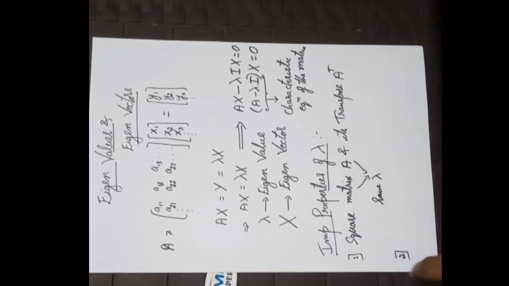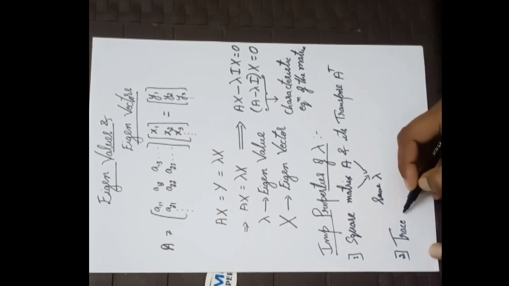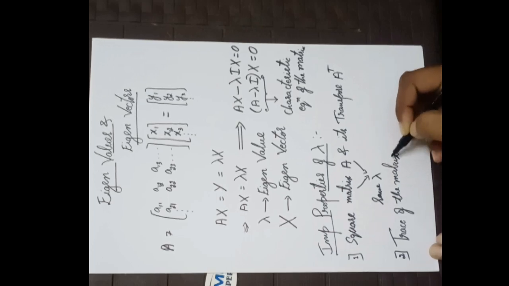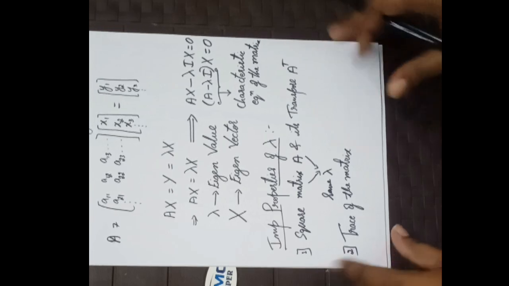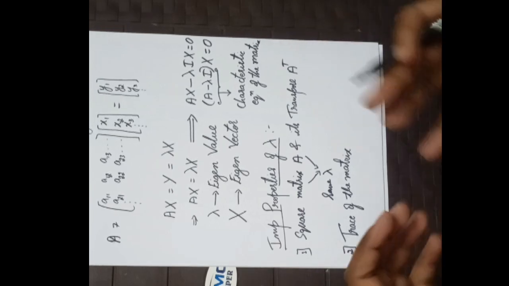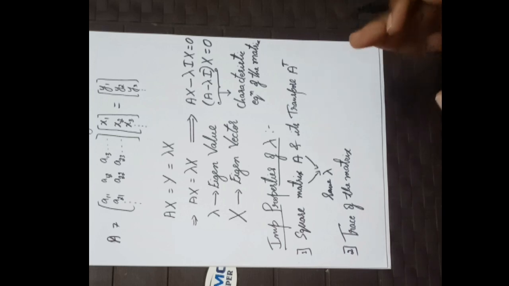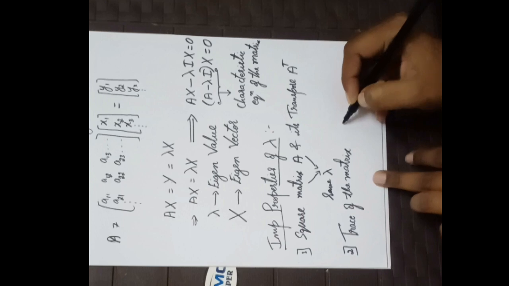The second property is that the sum of the eigenvalues of a matrix is equal to the trace of the matrix. I hope you know what the trace of a matrix is. These properties will be very helpful, and if we know these simple properties, we can solve many problems. First, let's study what a trace is.